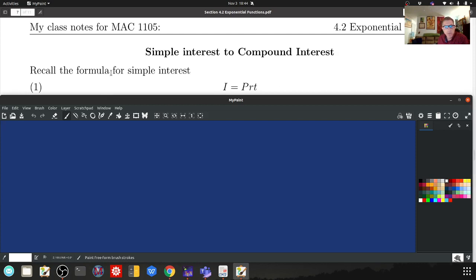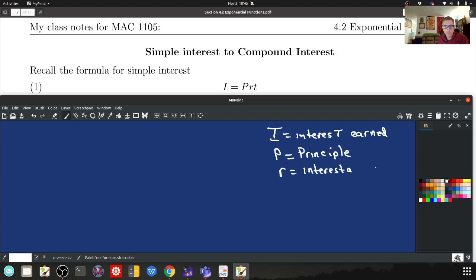So recall that the formula for simple interest, I, is your interest earned, and P is the principal. The principal meaning the amount you invested, put in for investment. R is the interest rate.